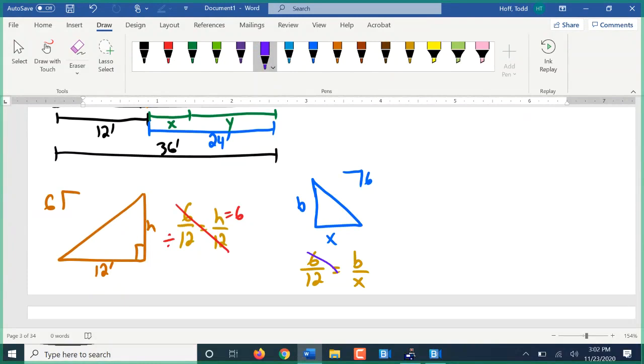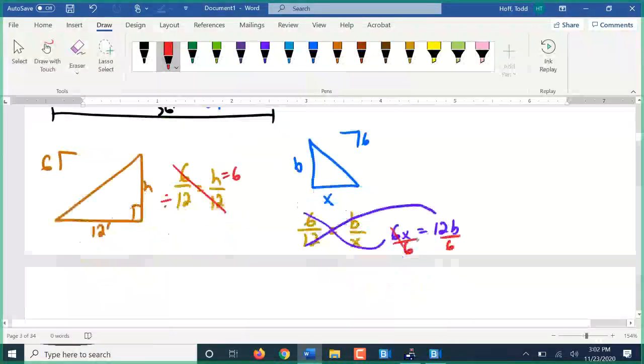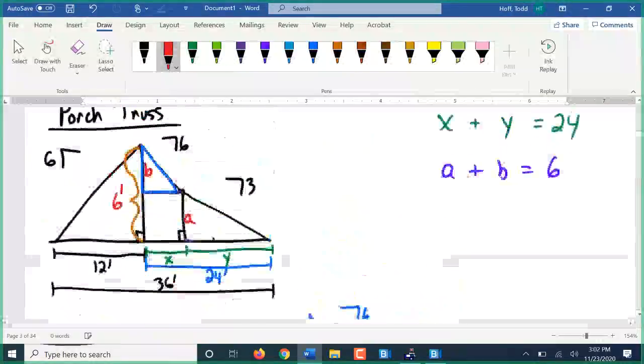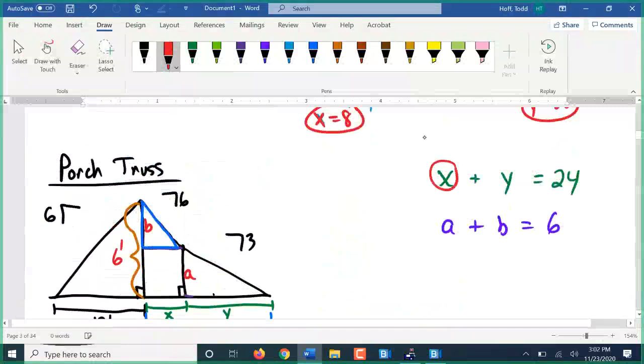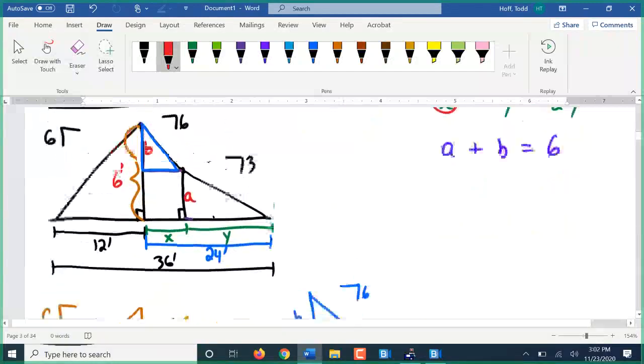So I've got 6 times x is 6x equals 12 times b is 12b. I'm going to solve that for x by dividing by 6. x equals 2b. So what that means is I'm going to be able to replace this x with a 2b. Let's figure out what we can replace y with, and then we'll go from there.